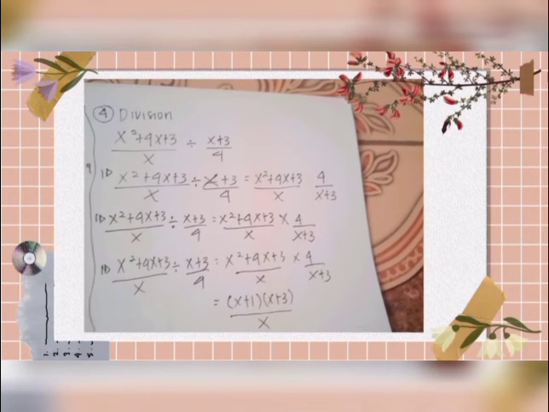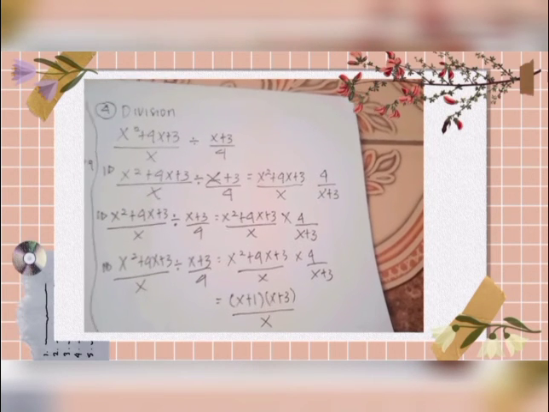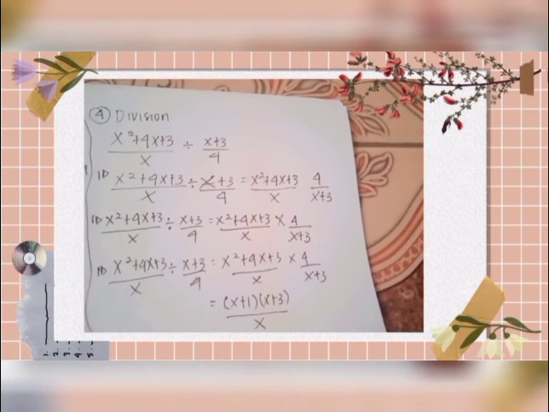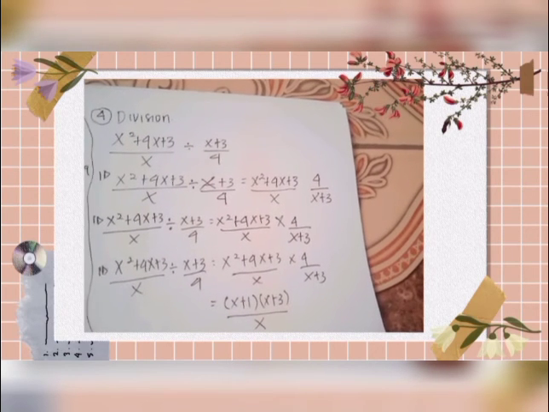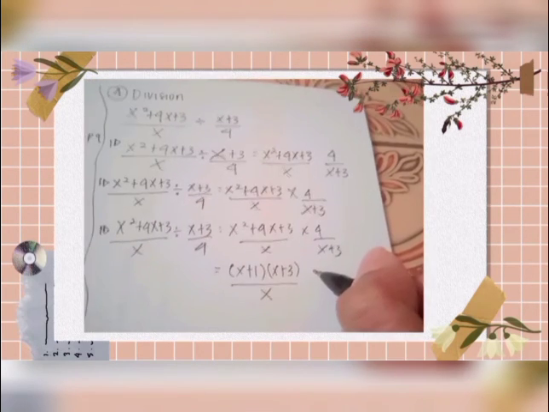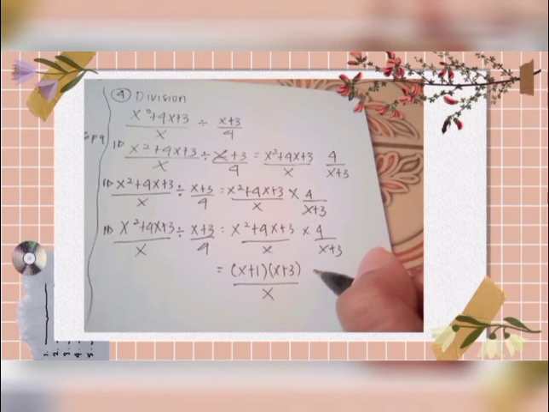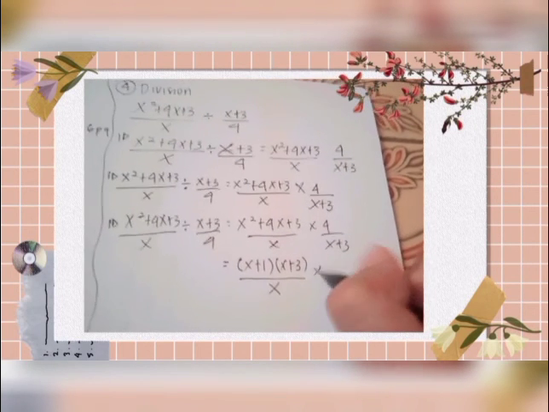x squared plus 4x plus 3 can be simplified first to become x plus 1 times x plus 3 over x times 4 over x plus 3.